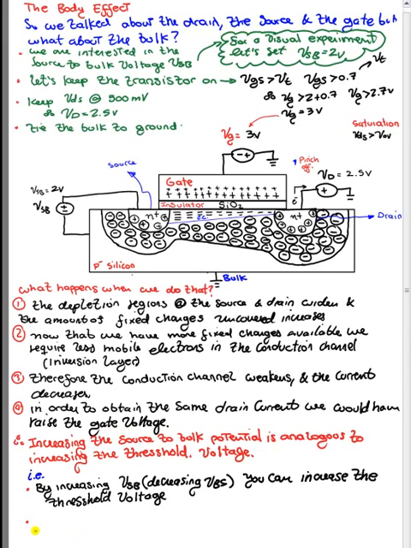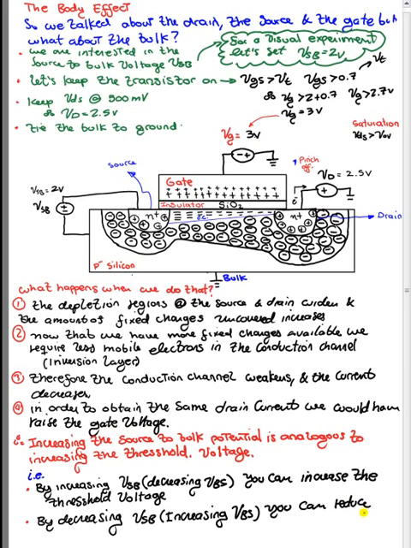it's actually kind of a fun way to think about it, because the threshold voltage is really dependent on the physics of the device, the number of dopants, the concentrations. But if you can modulate the bulk or the source, you can actually modulate the threshold voltage, which is kind of a nice result actually.